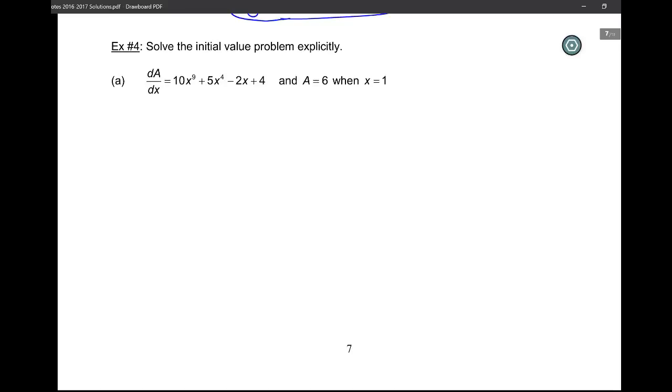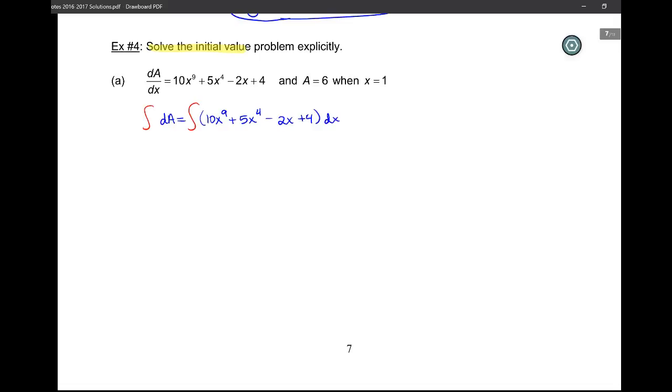Okay, solve the initial value problem explicitly. Same thing, again, it says solve the initial value. So we are going to start out with dA. We have 10x to the 9th plus 5x to the 4th minus 2x plus 4 dx.